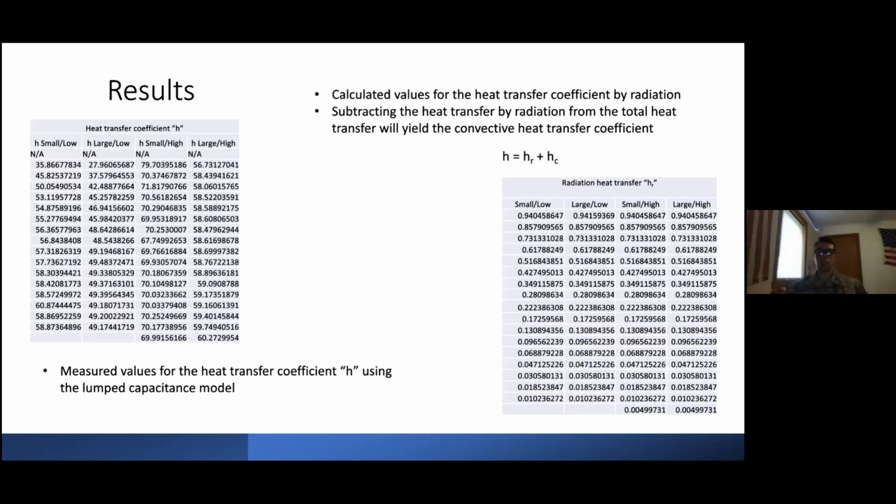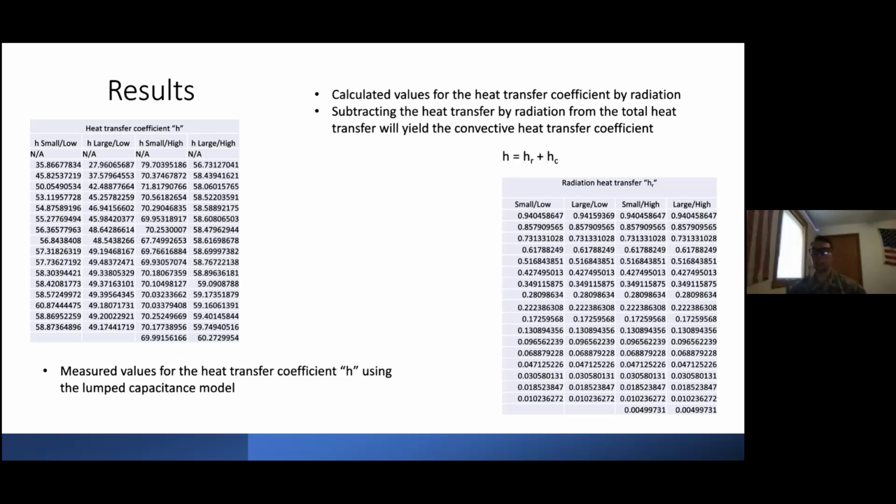So using the lumped capacitance model, we were able to find our heat transfer coefficient h. Then we corrected this to account for the radiation heat transfer, because not all of the heat transfer in this lab was due to convection.